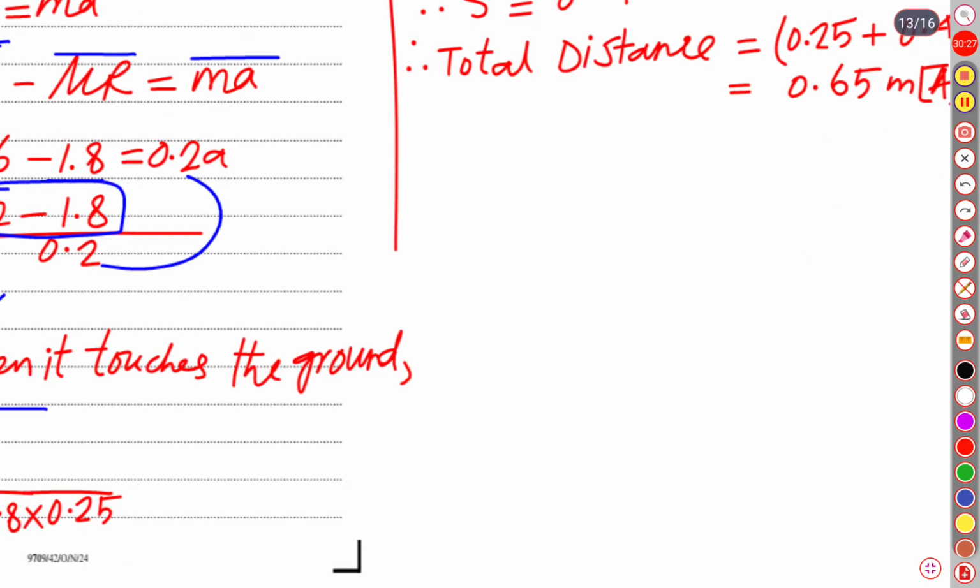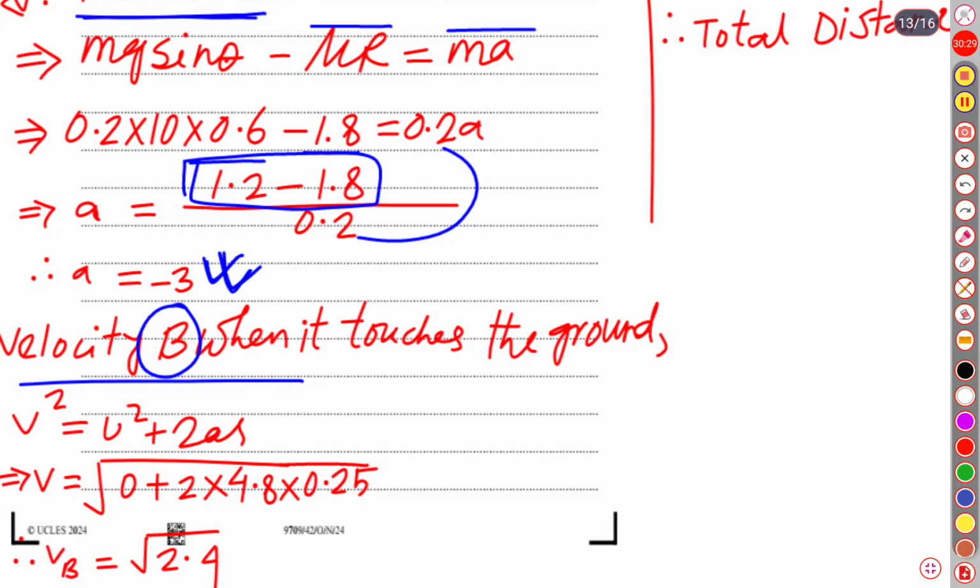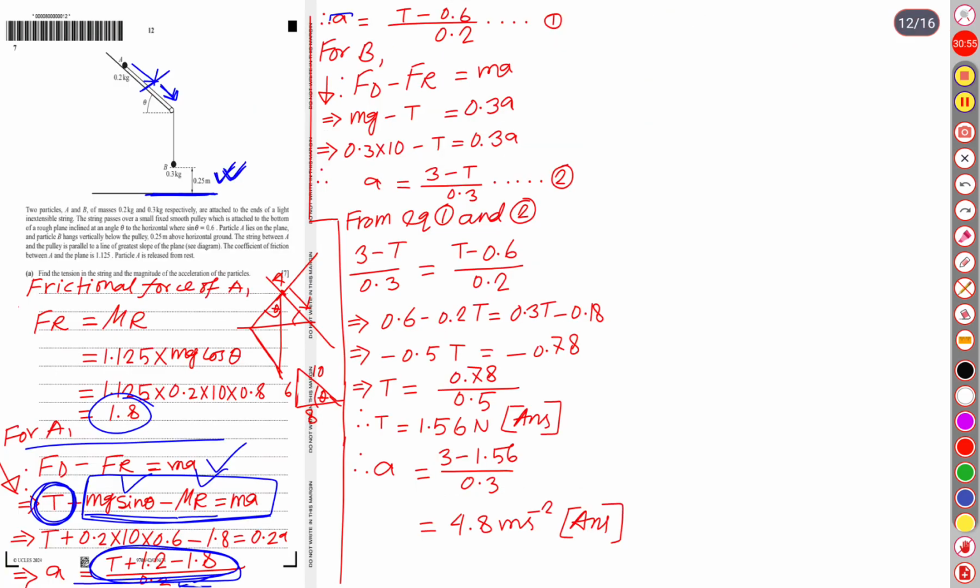So we are writing over here v squared, u squared, initial velocity. Both the particles were released from rest, so initial velocity is 0. The 4.8 is not to be confused, this A is when B reaches the ground, when there is no tension at all. So this acceleration is only applicable for A, not for B. We are searching for B. For B, acceleration was 4.8 on the previous page.